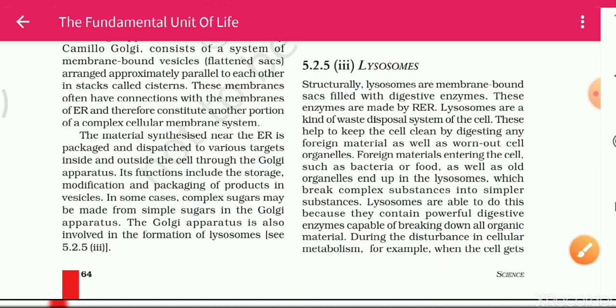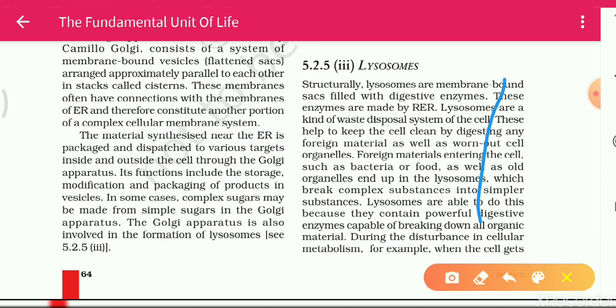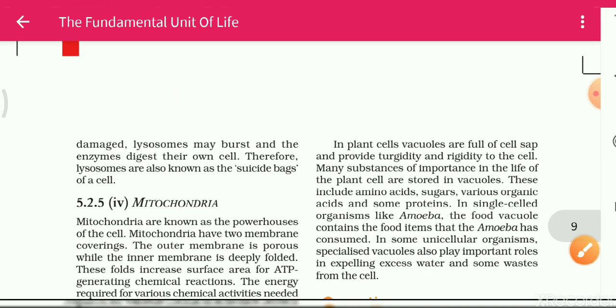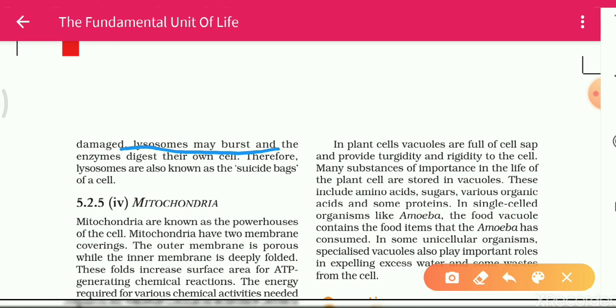Okay, now during a disturbance in cellular metabolism, for example, when the cells get damaged, lysosomes may burst and the enzymes digest their own cells. Then in the cells also, sometimes lysosomes kill themselves and release digestive enzymes, and eat their own cell.